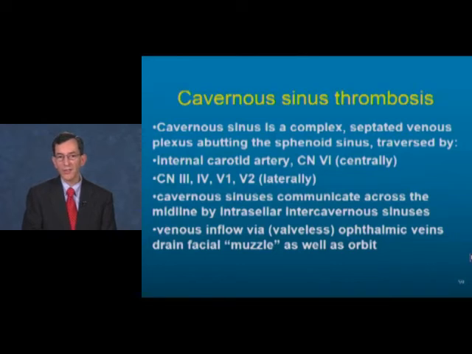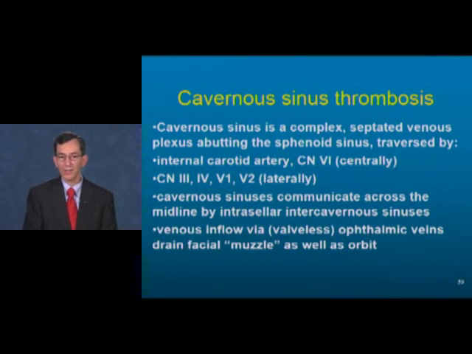Sphenoid sinusitis is commonly the major risk factor for the development of cavernous sinus thrombosis. The cavernous sinus is a very complex venous structure that has a number of critically important neurovascular components traversing right through the space.